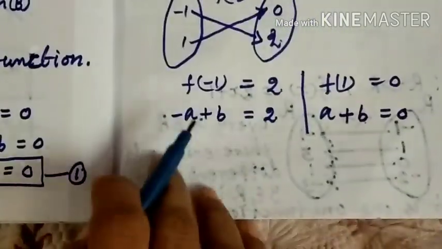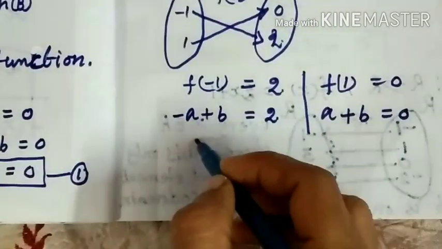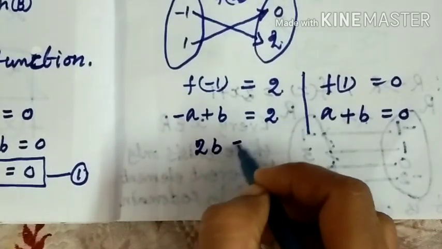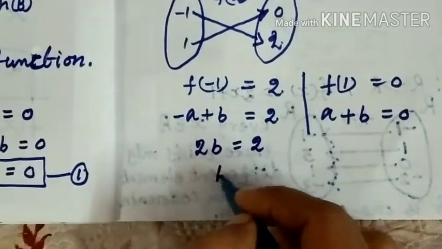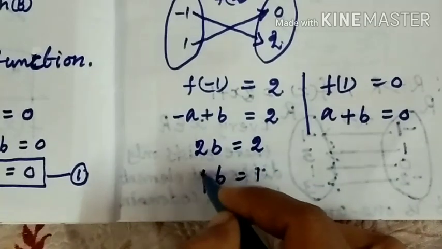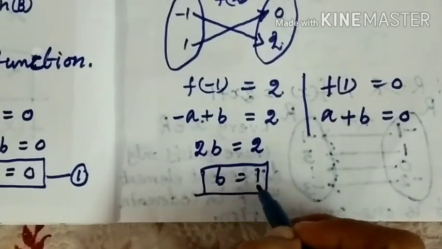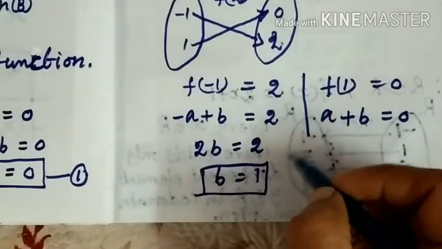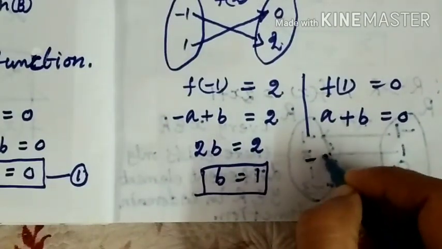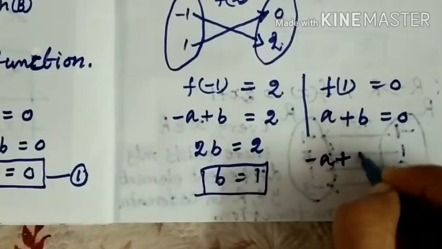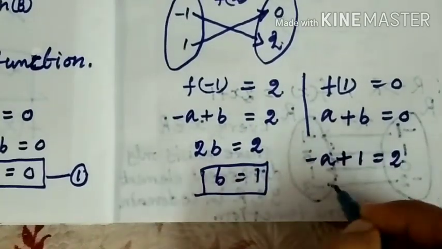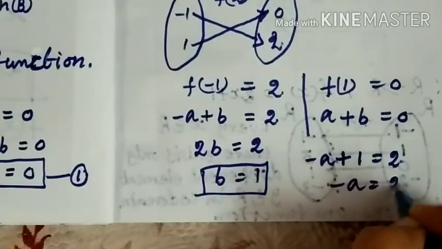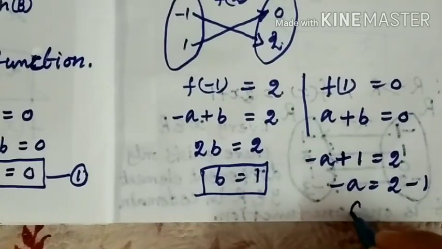Now solving these 2 equations, we get 2b equal to 2, therefore b equal to 1. Apply this 1 in equation number 1, we get minus a plus 1 equal to 2, therefore minus a equal to 2 minus 1, therefore a equal to minus 1.